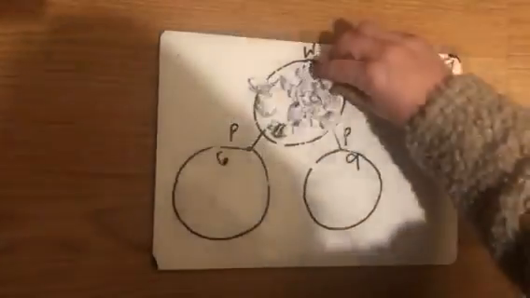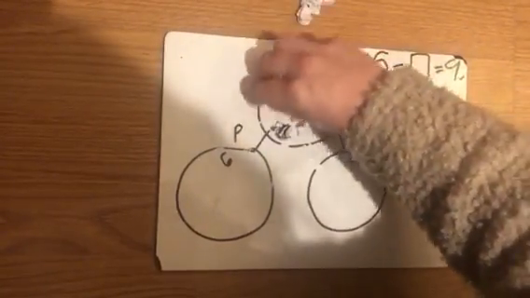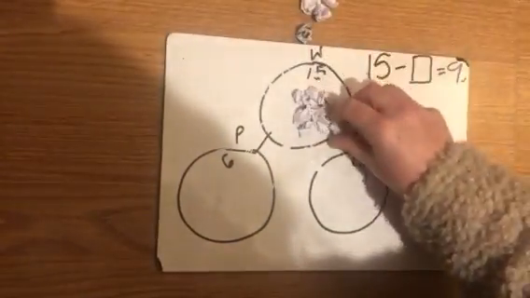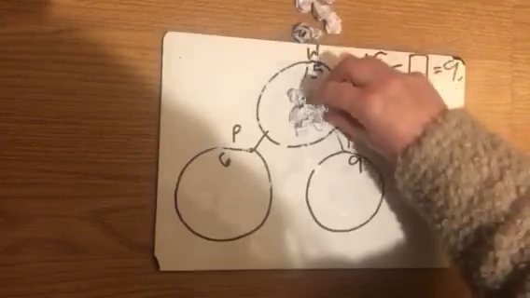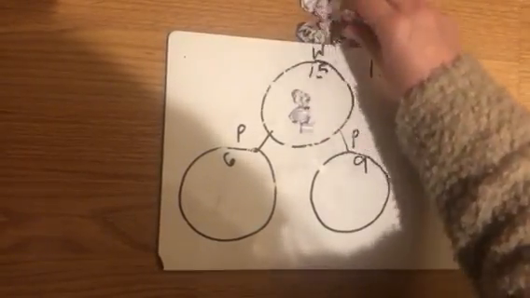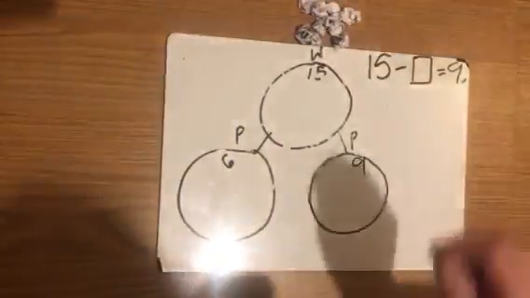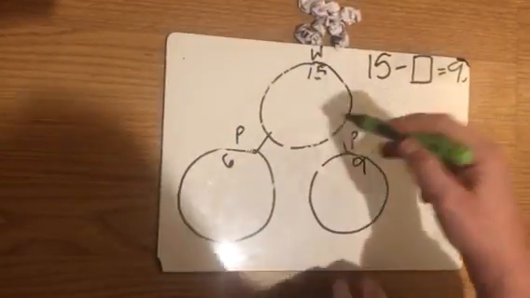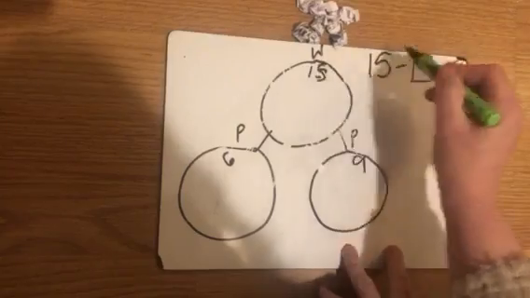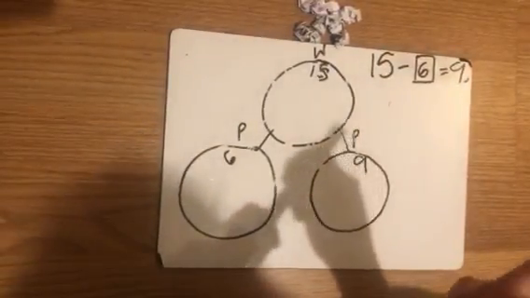So let's count them out. 1, 2, 3, 4, 5, 6, 7, 8, 9, 10, 11, 12, 13, 14, 15. So we know that 15 take away 6 is going to leave us with 9.